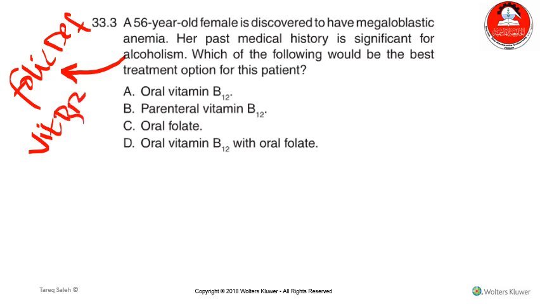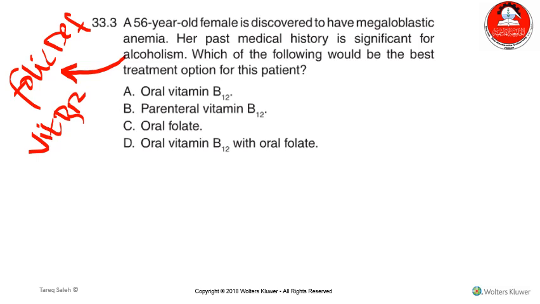Okay, you're not sure. You did not run lab tests to confirm which vitamin is causing the anemia. So the question asks you of the best treatment approach for this patient.